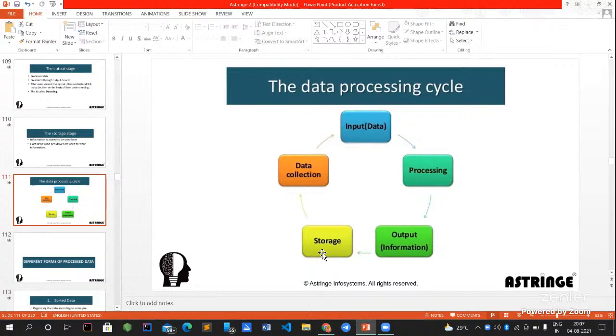Then we give that to the preprocessor to convert all the information into an output, which is meaningful and objective. Further, when the output as meaningful information is there, we find a particular storage, the memory allocation.